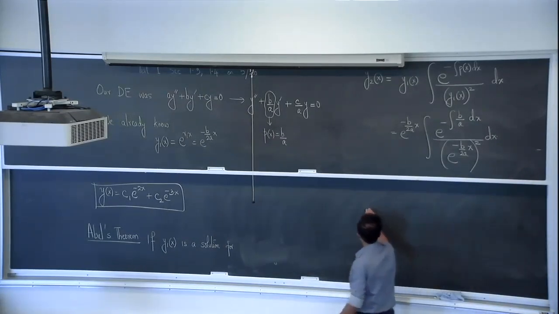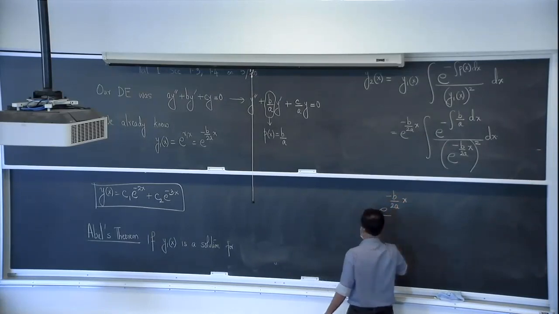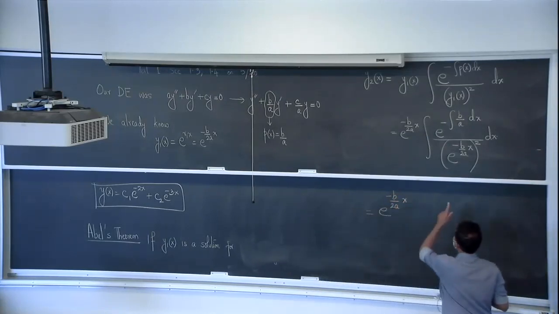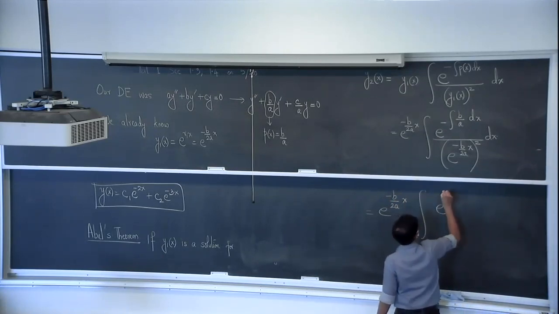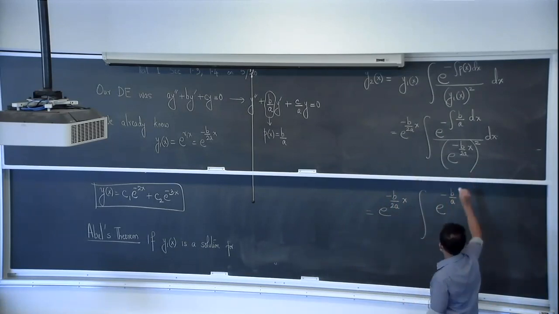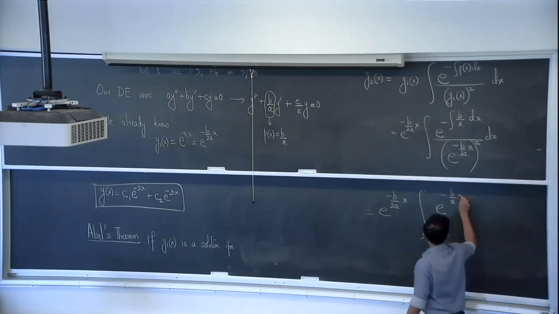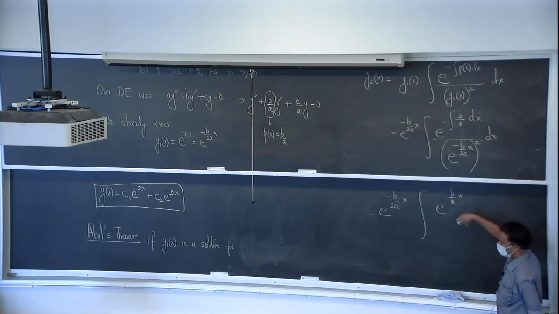This is going to be e to the power of negative b over 2a times x, which is our existing root, times the integral of e to the power of negative b over a. b and a are numbers, so you can pull that out. The integral of dx is just x, so it's going to be e to the power of negative b over a times x.